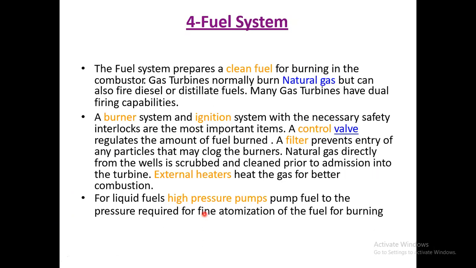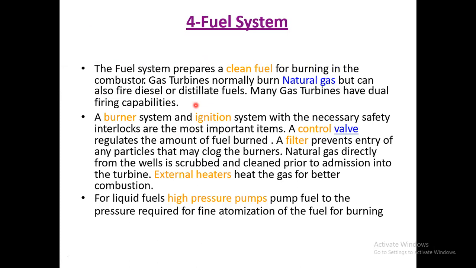Now, coming towards the fourth section, that is the fuel system in a gas turbine power system. The fuel system prepares clean fuel for burning in the combustor. Gas turbines normally burn gas or natural gas but can also fire diesel or distillate fuels.